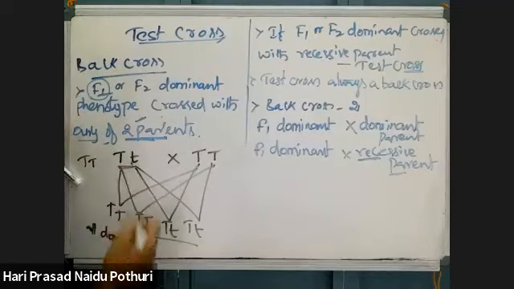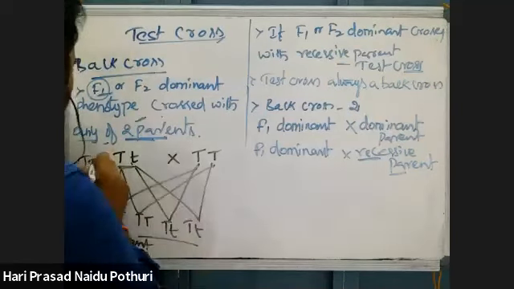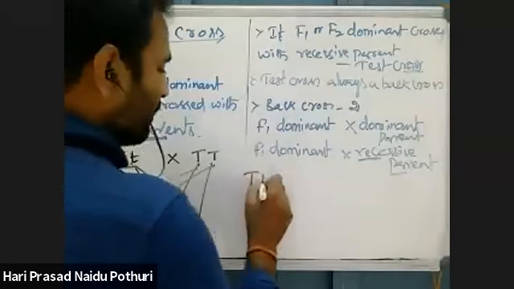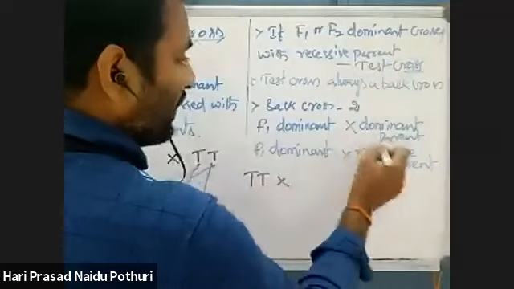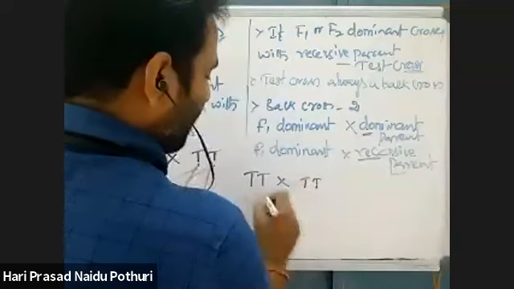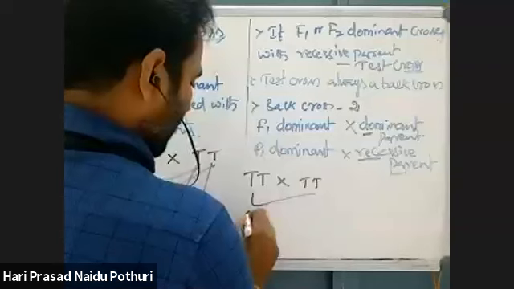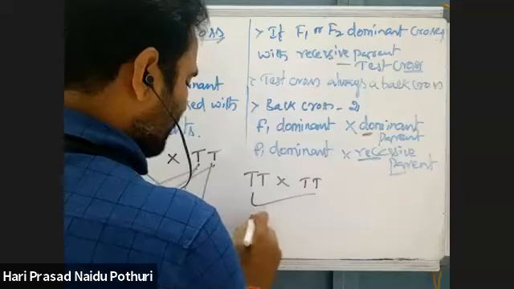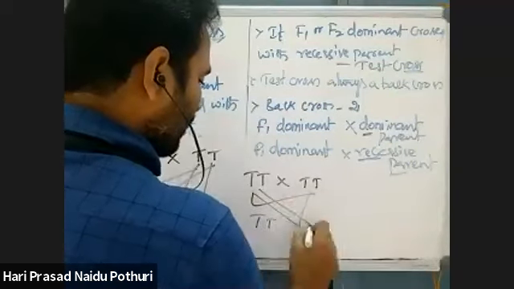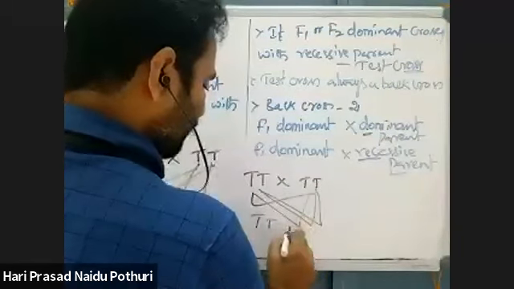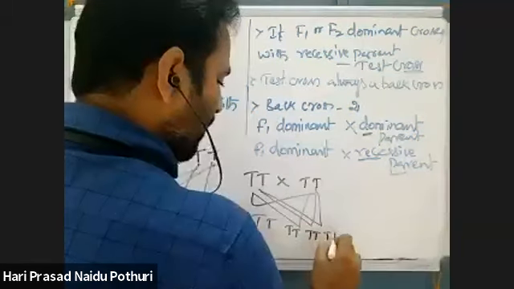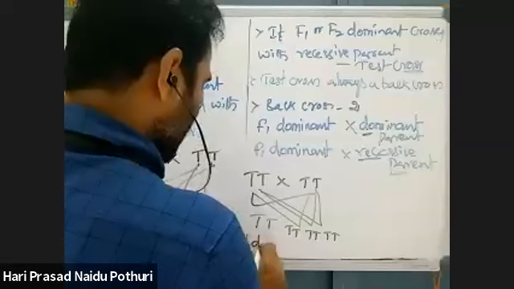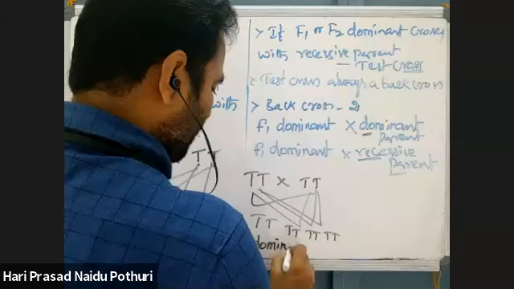Otherwise, if this other genotype is crossed with a dominant parent again, all will be dominant. Here also all are dominant.